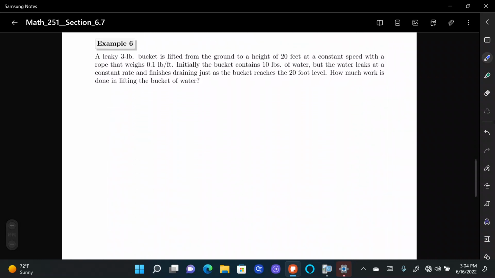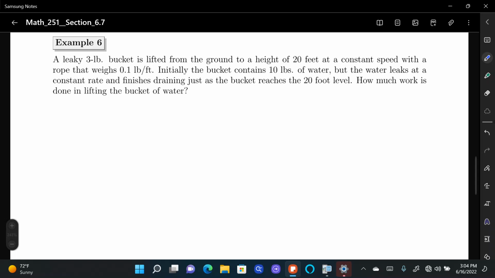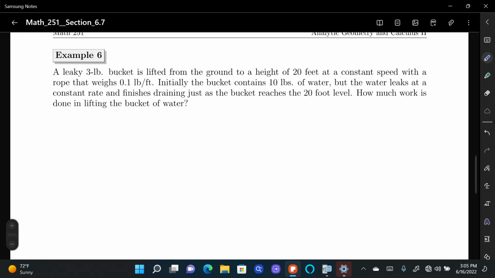So what do we have? We have a leaky 3-pound bucket that is lifted from the ground to a height of 20 feet at a constant speed with a rope that weighs 0.1 pound per foot. Notice this is not a mass.